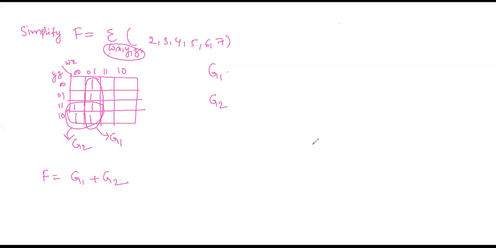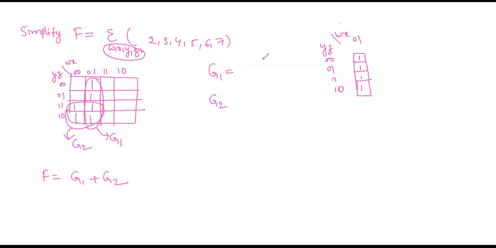So writing the G1 expression, how to write? This is the G1 group. WX value is 0, 1. YZ value is 0, 0, 0, 1, 1, 1, 1, 0. Now look, W value and X value are constant, W value is 0, X value is 1.